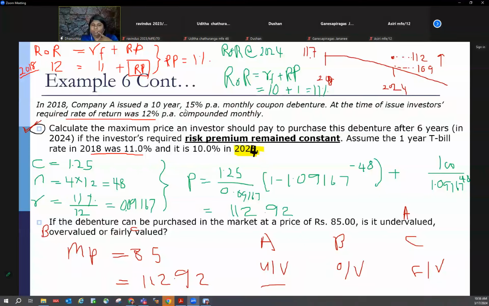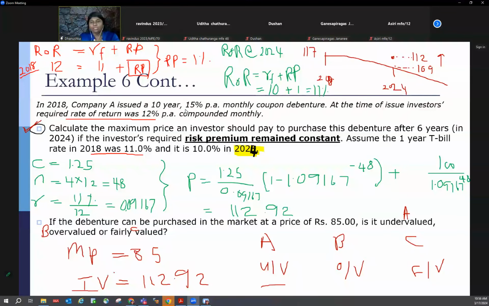So here I'm comparing the market price against this calculation, right? What does this calculation say? This calculation tells me what my intrinsic value is. If you remember right at the beginning, we talked about this. We call this the present value of my future cash flows. We call this the intrinsic value of my bond, right?